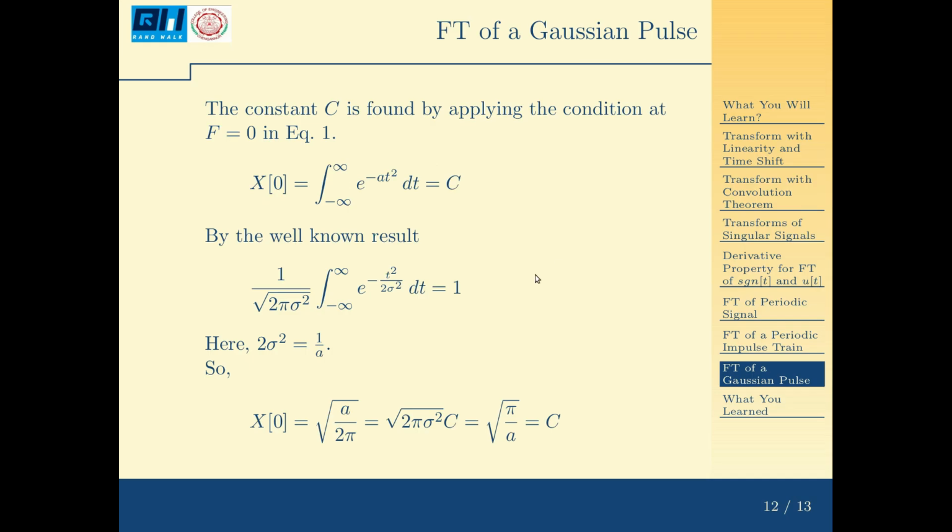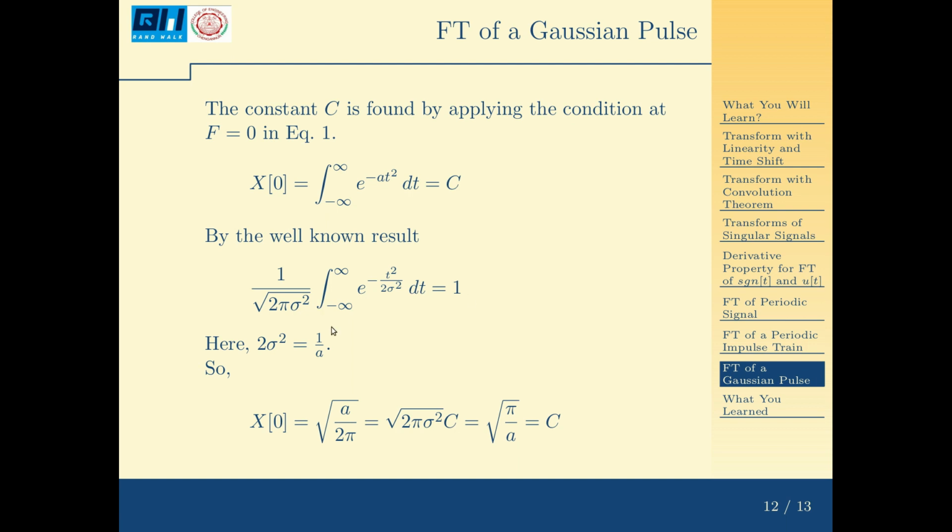Now, you know the Gaussian PDF; the integral of a Gaussian PDF should be 1, because it's a probability distribution. We all know the well-known result: 1 by root of 2 pi sigma square, integral from minus infinity to infinity of e raised to minus t square by 2 sigma square dt. This is a Gaussian PDF of variance sigma square and mean 0. This is equal to 1, because the integral of the PDF over all values should be 1.